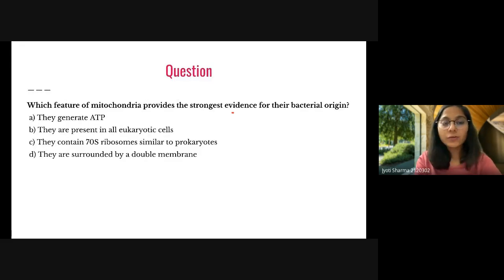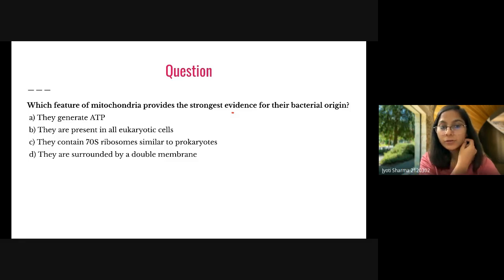Okay, which feature of mitochondria provides the strongest evidence for their bacterial origin? We talked about the endosymbiotic theory, in which it was said that initially we had a prokaryotic cell. One prokaryotic cell was eaten up by this cell, and that's why this cell now has the mitochondria, or let's say chloroplast.